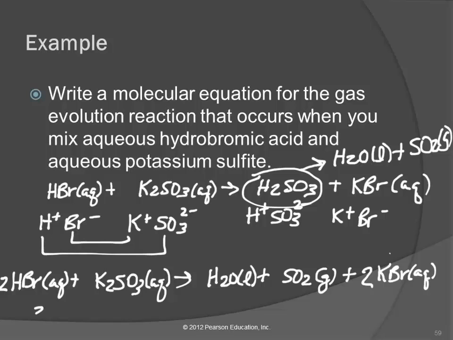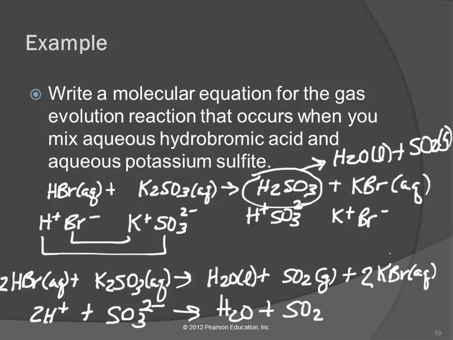And so what we end up with here is 2H plus SO3 2 minus gives H2O plus SO2. That's our net ionic equation.